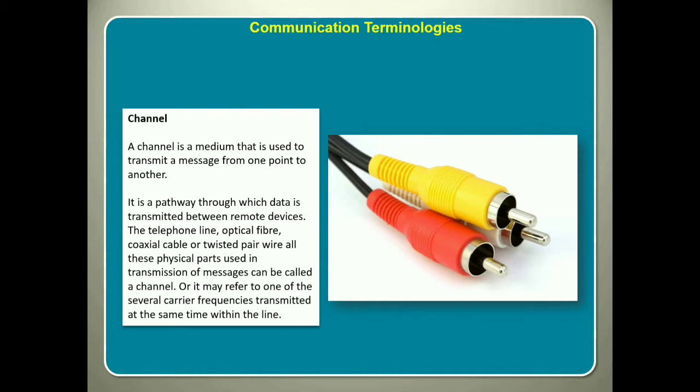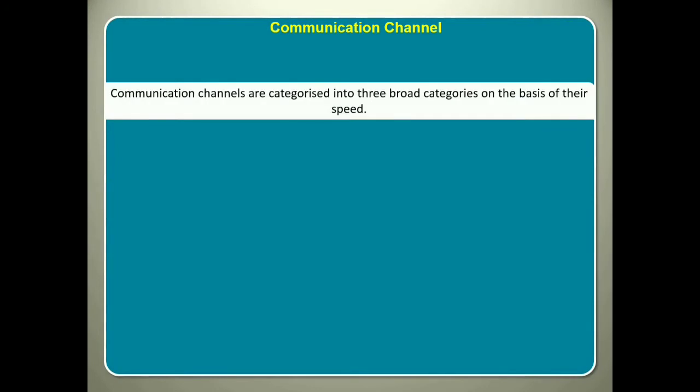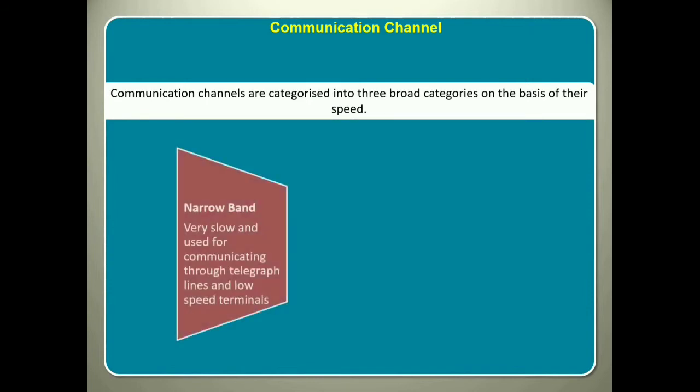Or it may refer to one of the several carrier frequencies transmitted at the same time within the line. Communication channels are categorized into three broad categories on the basis of their speed. The first category is called the narrow band.